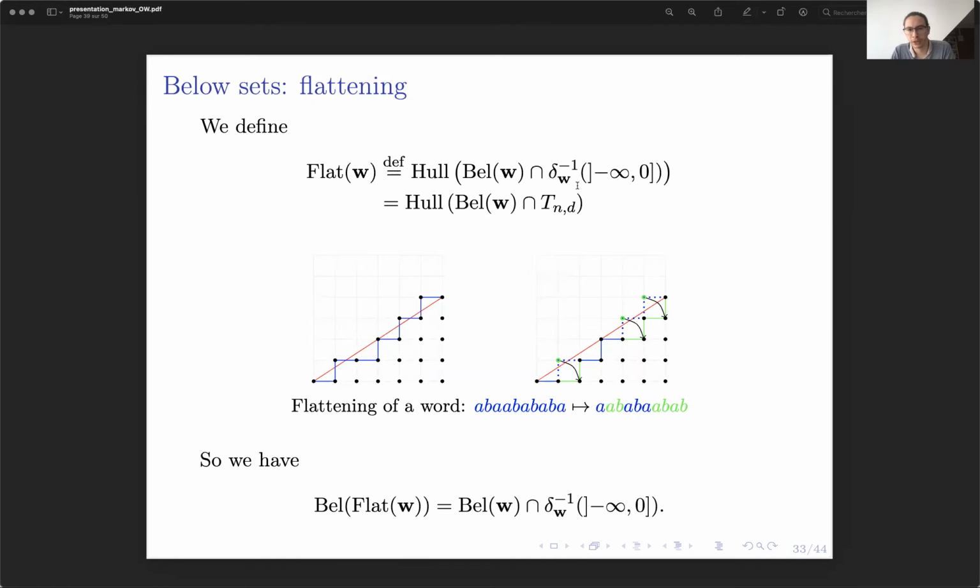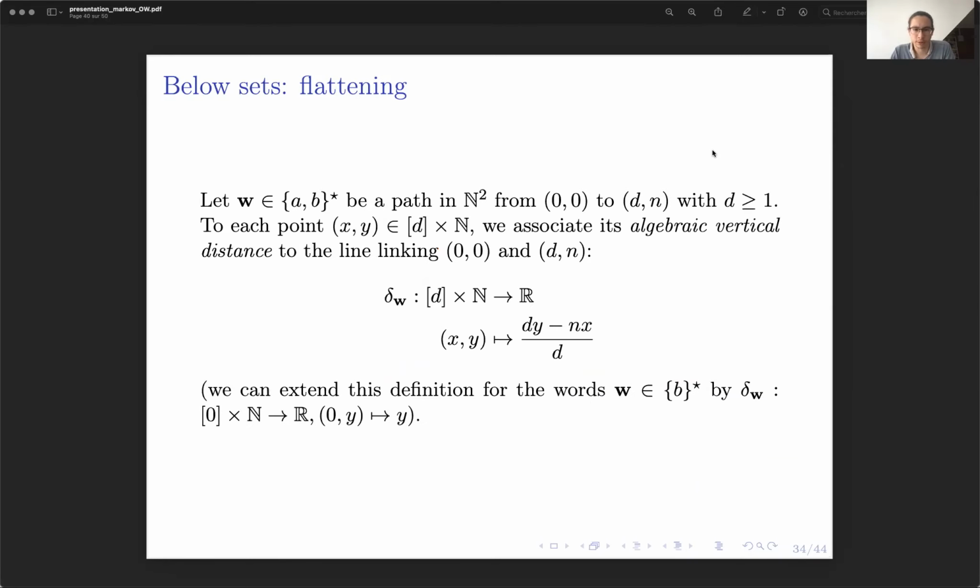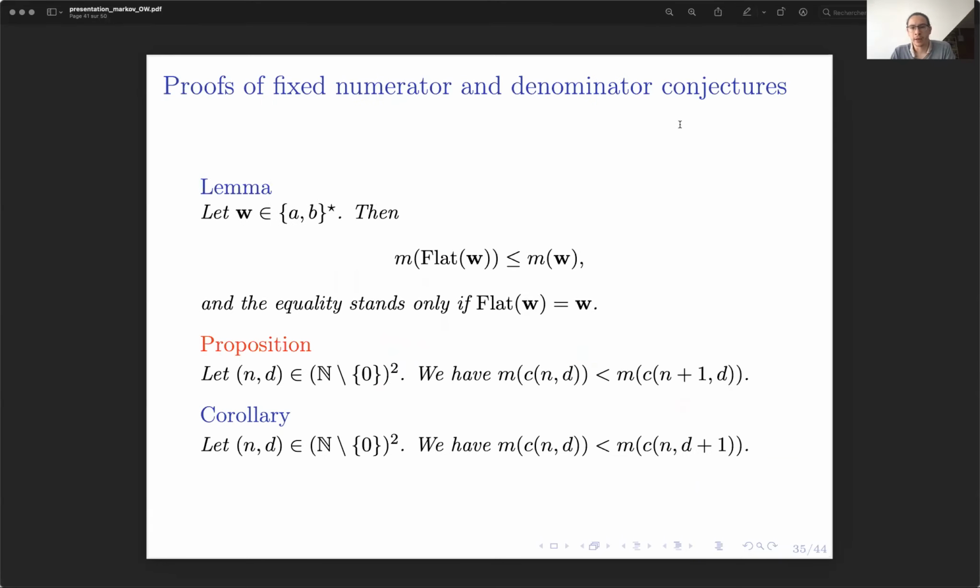Here, delta W is the algebraic vertical distance, which is this complicated thing. And what we obtained was that the M value of the flattening of a word was less than the M value of the word. And the equality stands only if the flattening is the word.